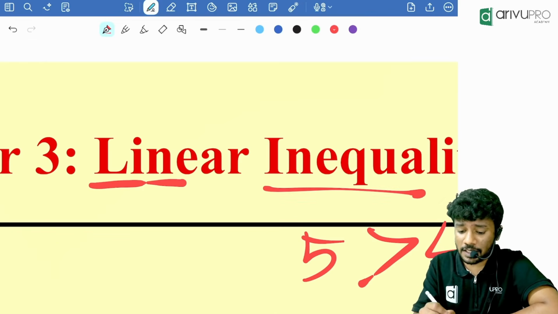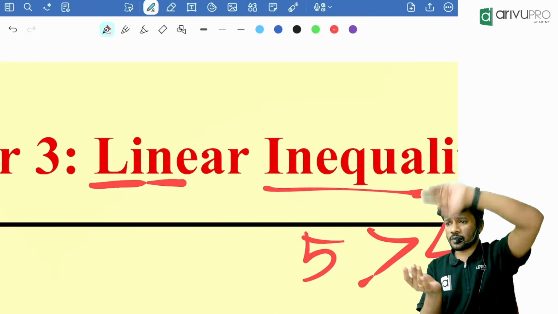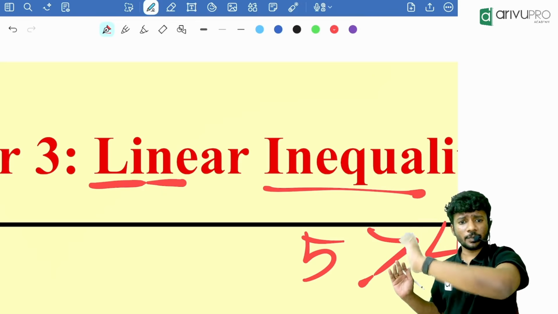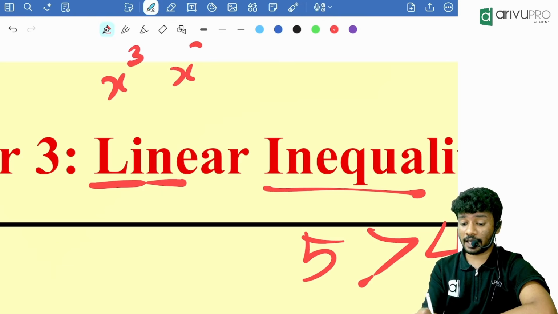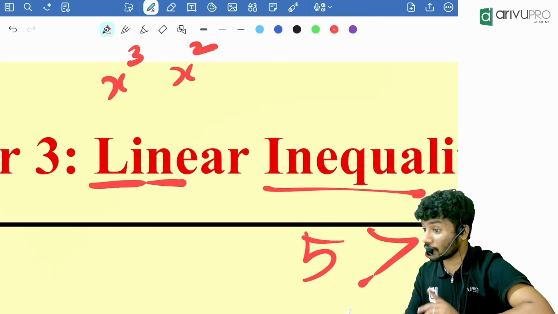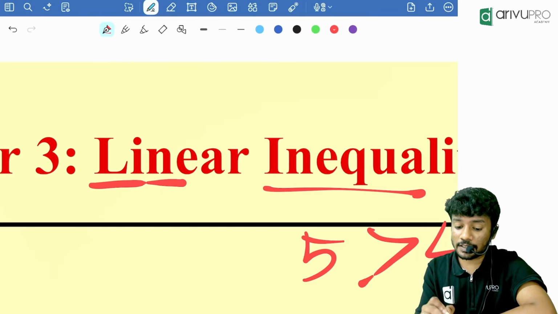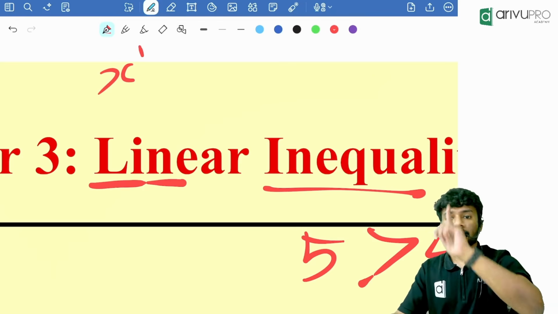Linear inequality: we have studied in school there is quadratic equation, cubic equation and all, where x will have power of 2, x will have power of 3. Linear inequality means x will have a power of 1.